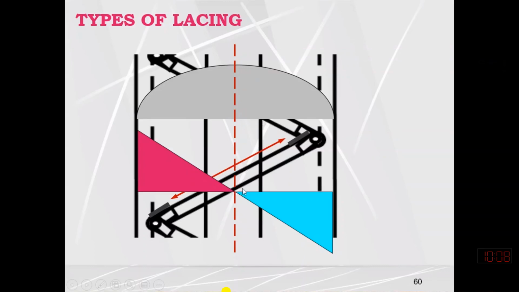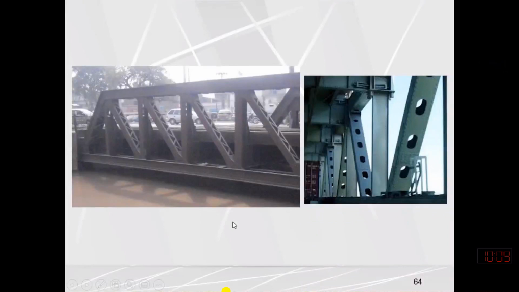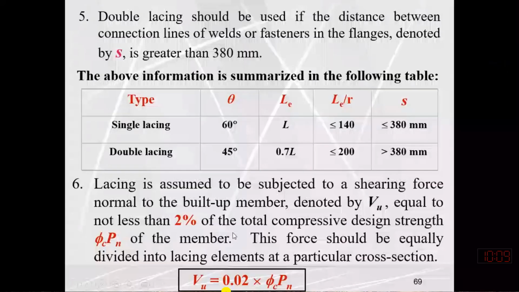We need to design this lacing to transfer the shear from one member to the other, so the member behaves as a composite or integral section. So AISC has suggested that we assume the shear transferred from one section to the other, for which we need to design this lacing, can be considered as 2% of the capacity of the compression member.